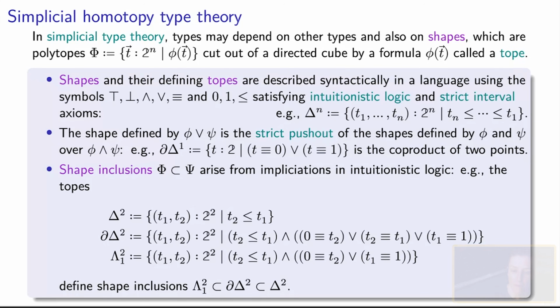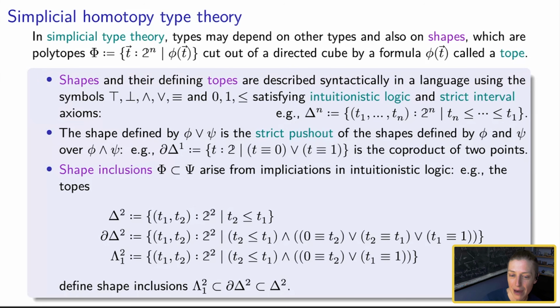So the primary example you should think about is the topological n-simplex, which you can think of as living inside an n-dimensional cube. And if I imagine my n-dimensional cube as given in coordinates, so t1 through tn, where these ti's are numbers between 0 and 1. I mean, really, these are terms in a sort of syntactically defined interval.